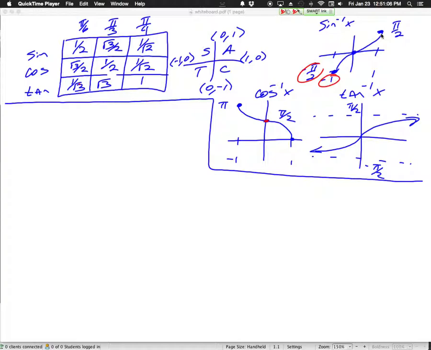Alright, now we'll switch it up just a little bit. Inverse cosine of sine of pi over 6.